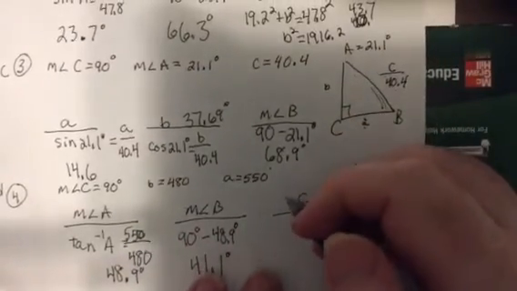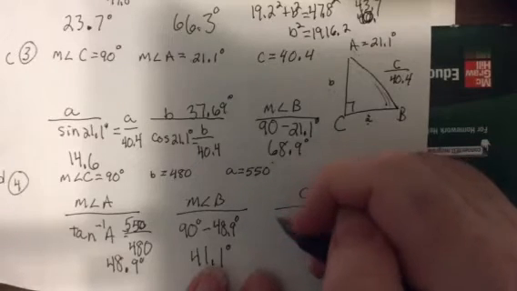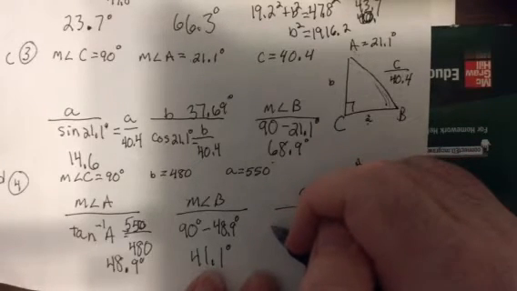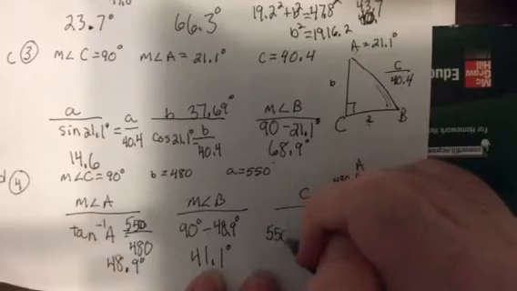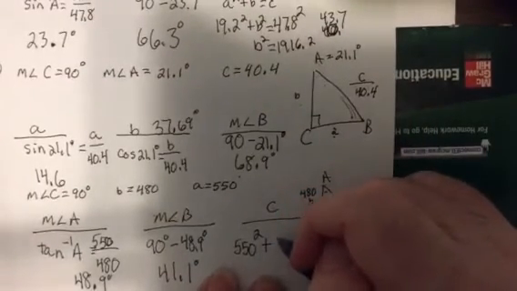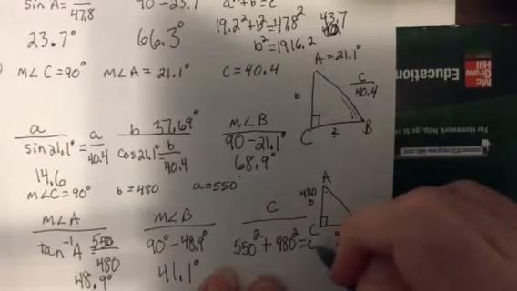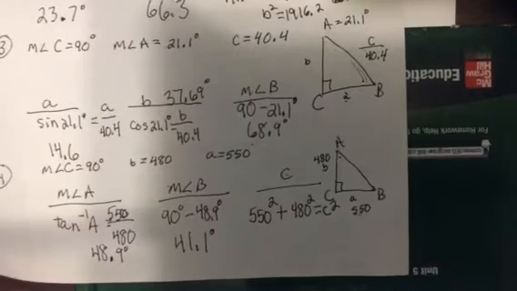And then again, we could use trig or we could do Pythagoras, which is a squared, 550 squared plus 480 squared equals c squared.